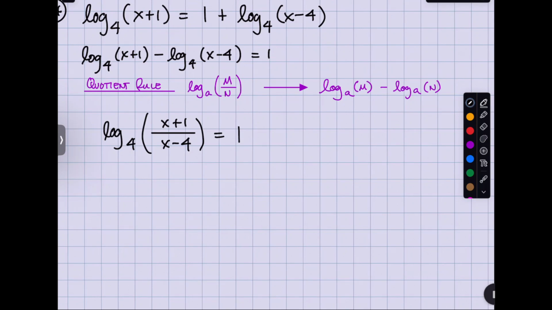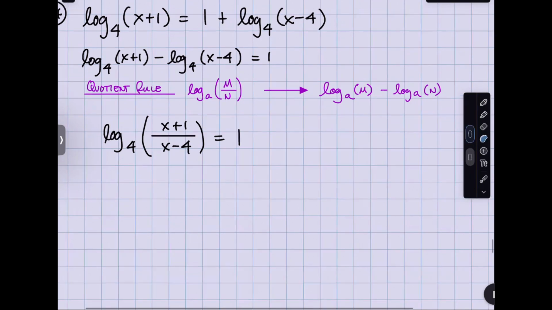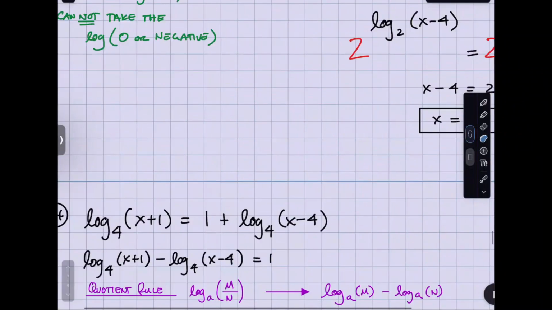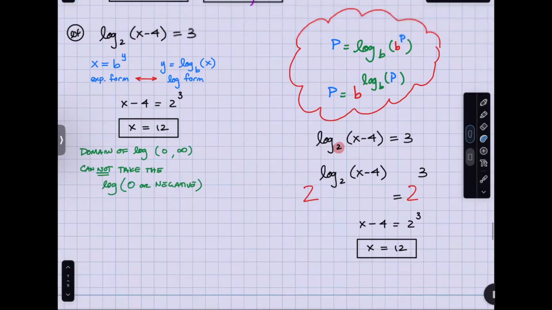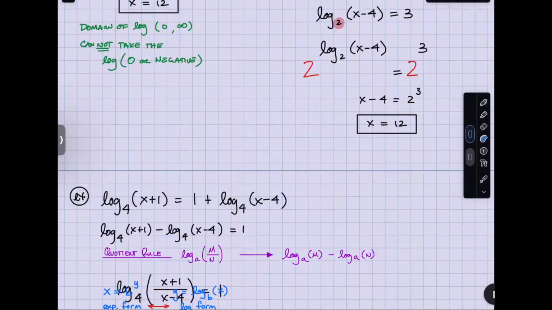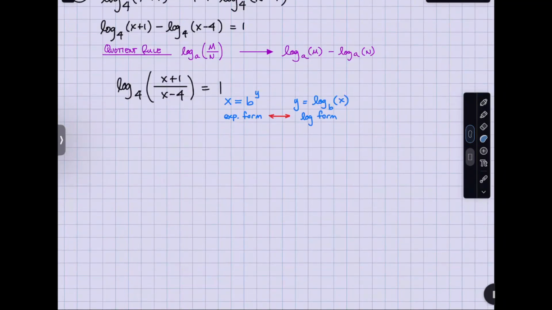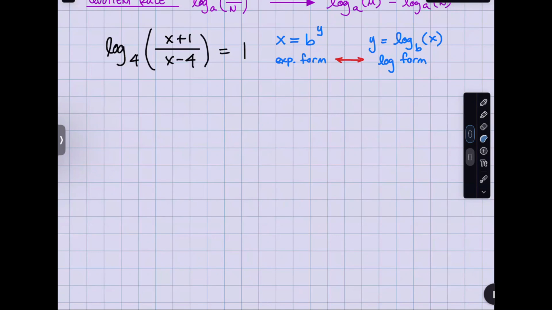What do I do now? How? Very carefully. Very, very carefully. How about with that? Do you think we should convert it to exponent form?